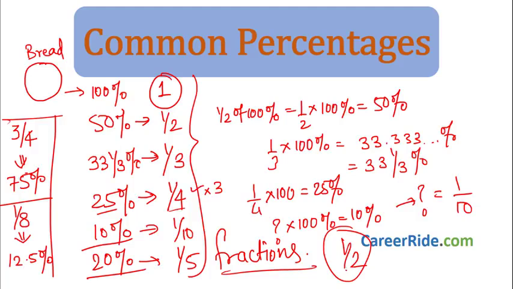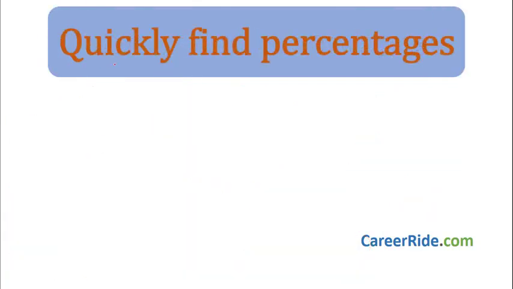Now next, let us see how to calculate percentages very easily. Here we know that percentage is nothing but multiplication, right? Let us see another technique to calculate percentages easily. Let's see how to find percentages very quickly. Okay, now over here let us take a value, say 260, right? Now what is this? This is 100%.